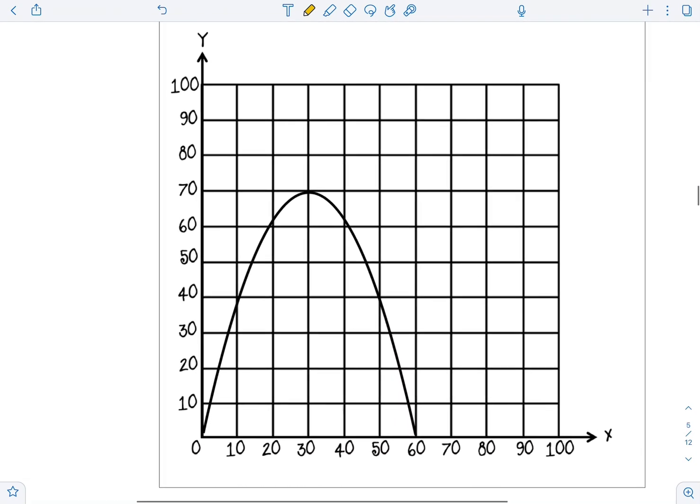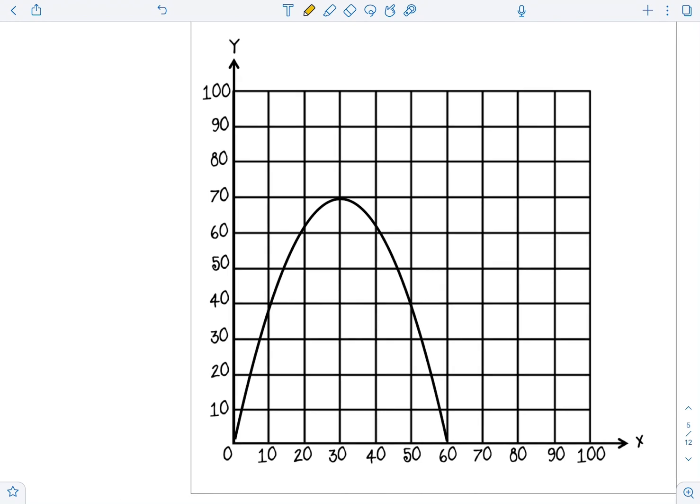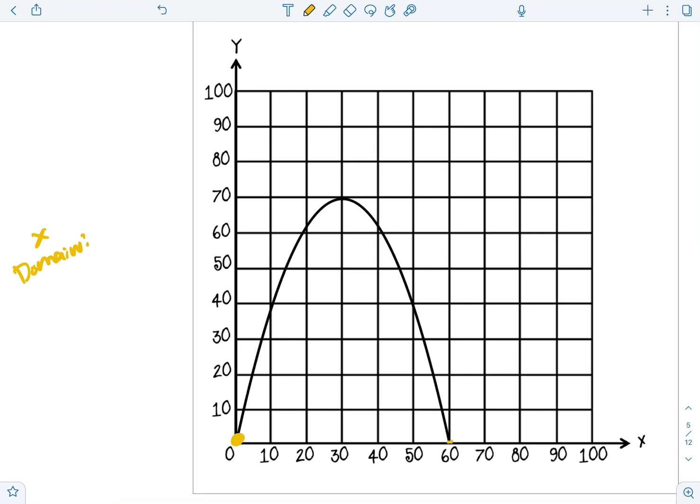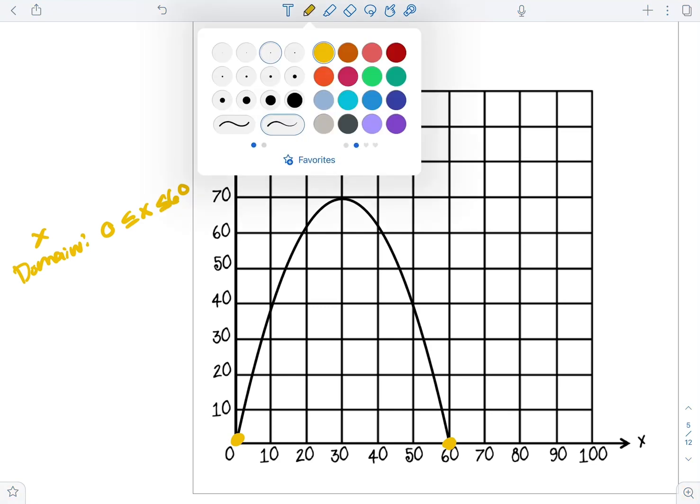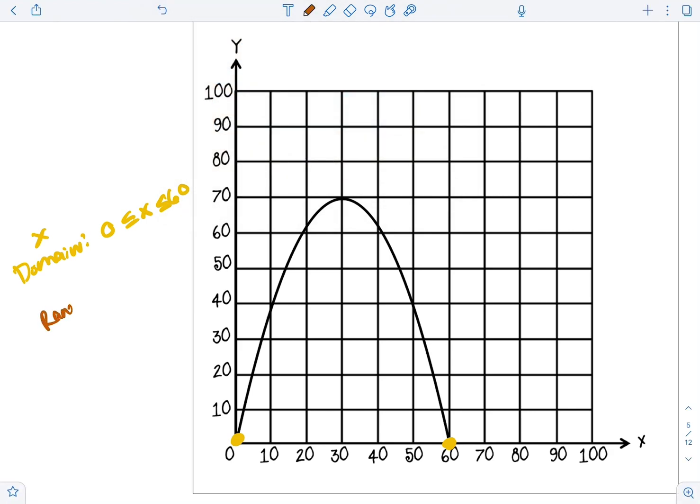So what happens if we have something like this and we want to find the domain and range? Take a moment, press pause, and do it yourself. Now when we look at the domain, notice how we start right here and we end here for domain because we're on the x-axis. That means 0 to 60. So the domain x is in between 0 and 60. Now what about the range?